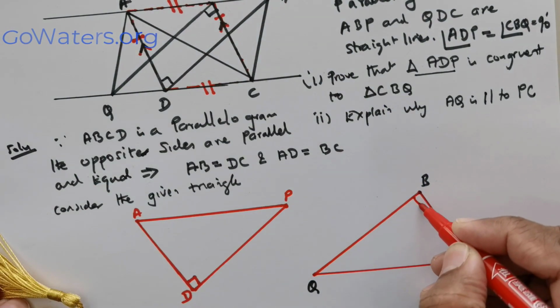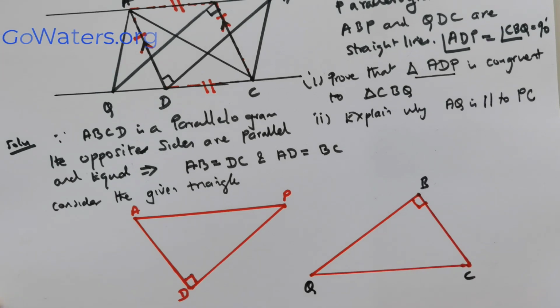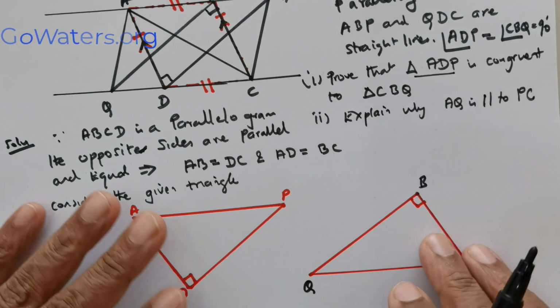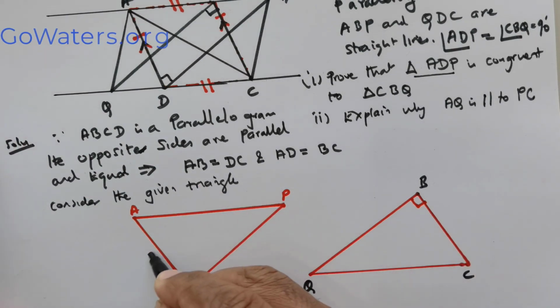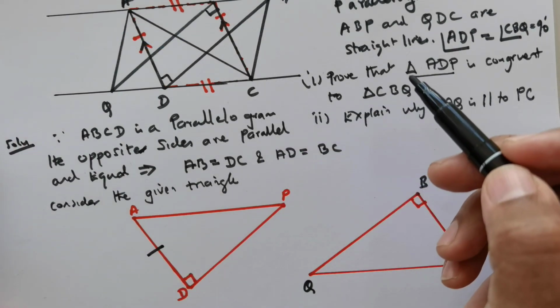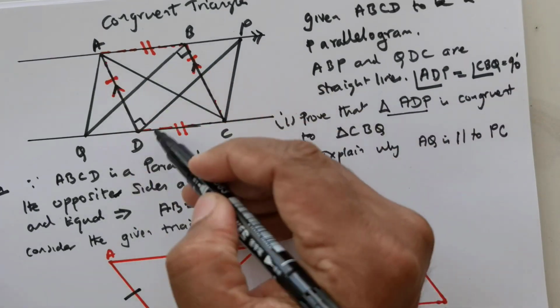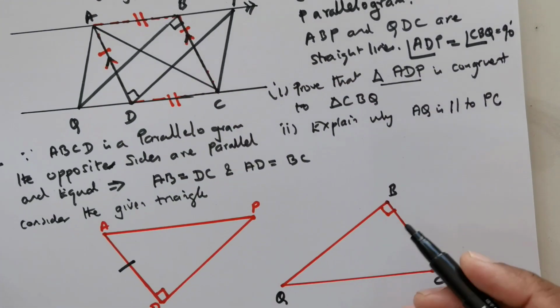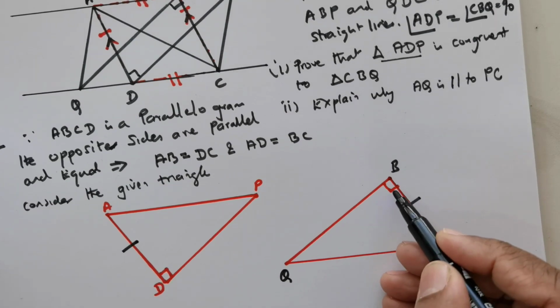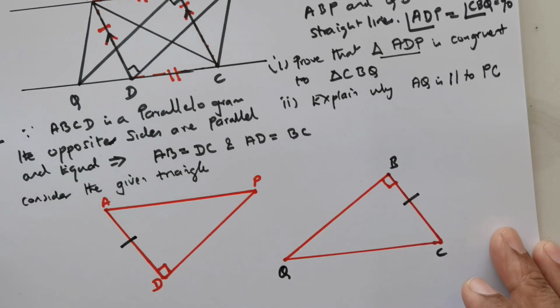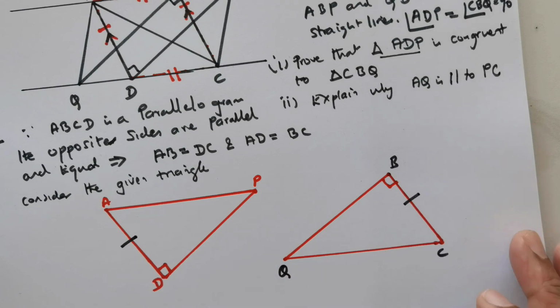So this is 90. This is 90. Are there any other data we can get? So AD is same as BC. So we draw the line. We got 90 degree here, we got a 90 degree here. And is there anything else?